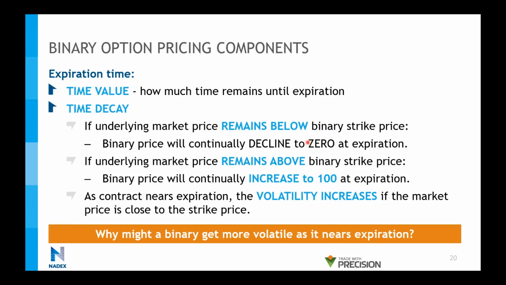And therefore, if a lot of time is left, that doesn't mean a lot, because a lot of things can happen. But if we just have 15 more seconds on the clock and it's flipping between those two states, one tick above the strike price and at the strike price, that value now clearly moves very fast from something like 10 to maybe 90. Volatility definitely increases there.